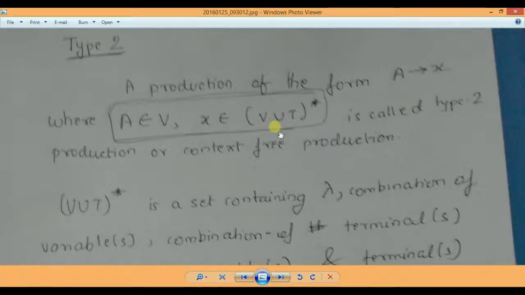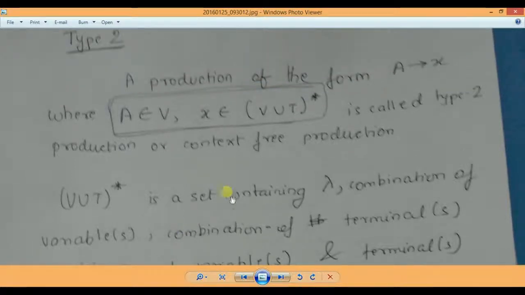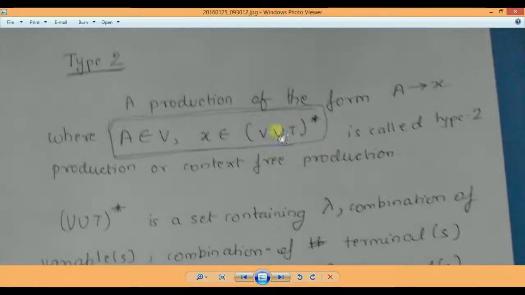This means the set V union T star is a set containing lambda, meaning nothing, or combinations of variables, or combinations of terminals, or combinations of variables and terminals, means all possible combinations of variables and terminals, including lambda or null. This is the condition of type 2.